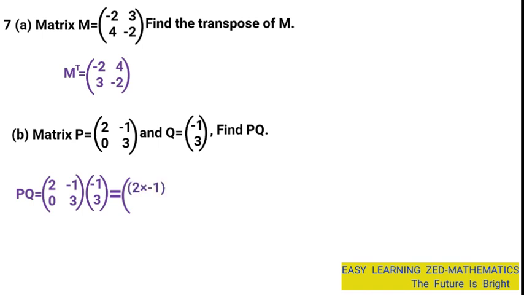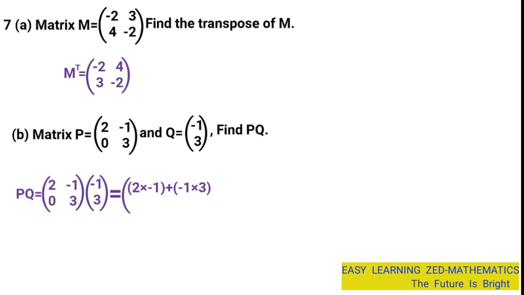This -1 is coming from matrix Q, not the -1 in matrix P. Then we multiply -1 in matrix P by 3 in matrix Q, and we add those products. If you don't know how to multiply matrices, check our playlist called matrices, where you'll find a video demonstrating how to multiply matrices.